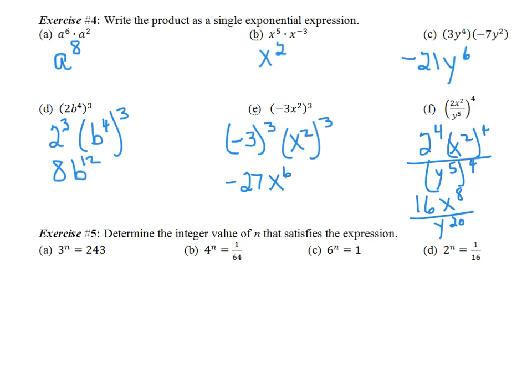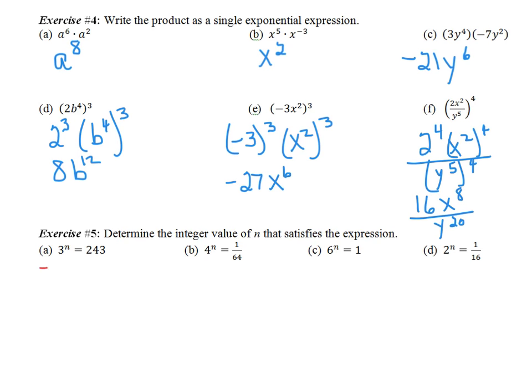Now to finish it up, let's take a look at exercise number 5 and see if we can think about this kind of in the other direction. Now I'm given the base and I'm given the answer for the exponential. I want to see if I can think about what the exponent would have to be. So in the first case, I want to know what power 3 has to be raised to get 243.